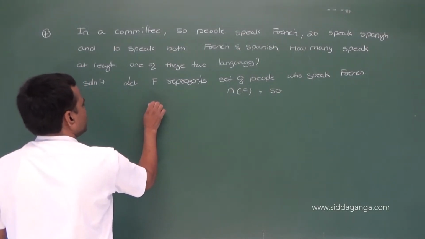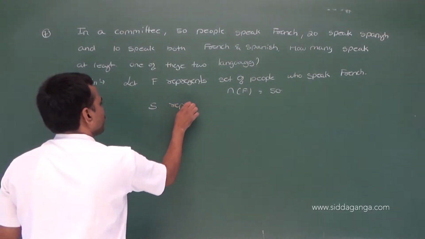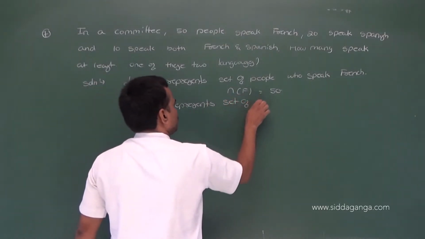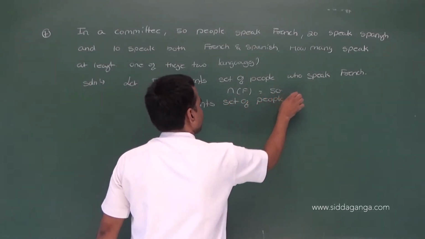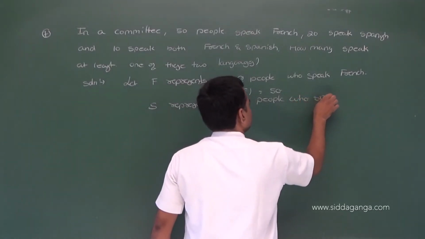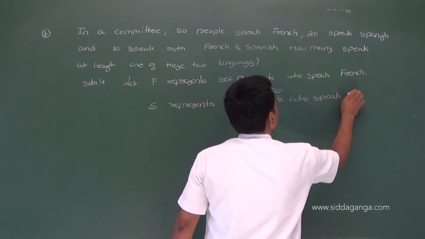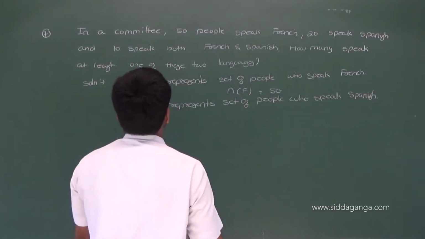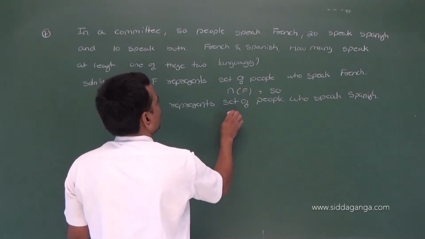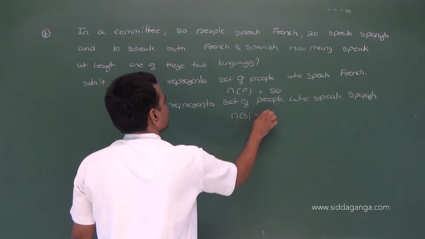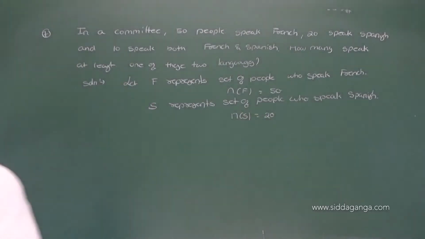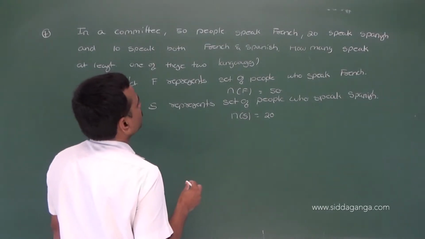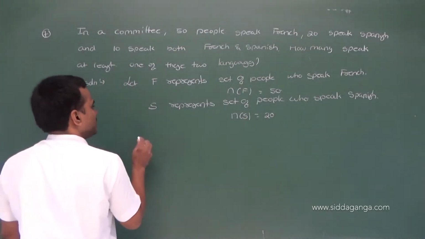Yes, we denote S represents the set of people who speak Spanish. So n of S is how much? 20. 10 speak both French and Spanish.